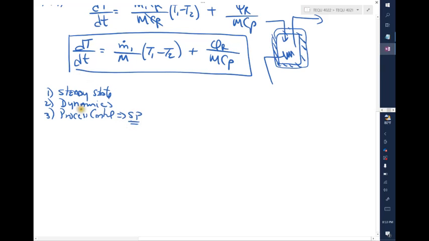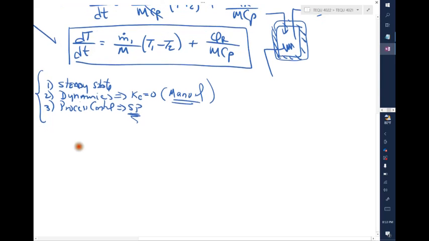In dynamics, we just let it go. Remember that in dynamics, in most cases, Kc, the proportionality constant, equals 0, because you are running the system in manual. Now here you establish the set point and the system should drive the temperature to your set point. So these are the three things that we typically do with this type of differential equation.